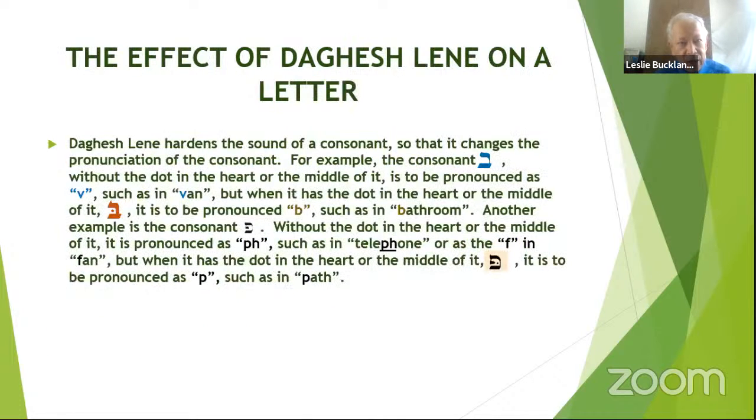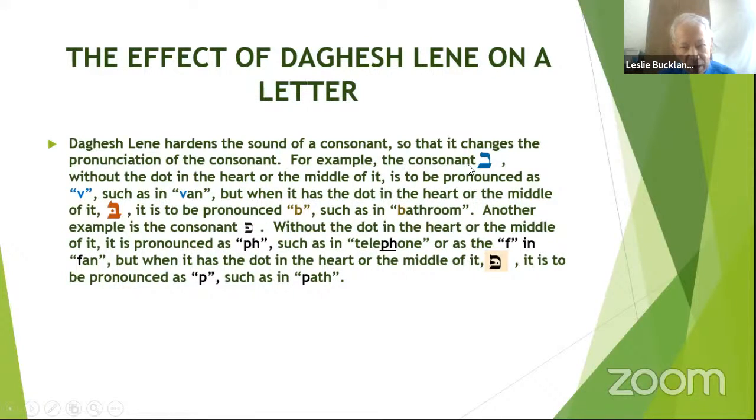Now let us look at the effect of Dagesh Lenny on a letter. Dagesh Lenny hardens the sound of a consonant so that it changes the pronunciation of the consonant.